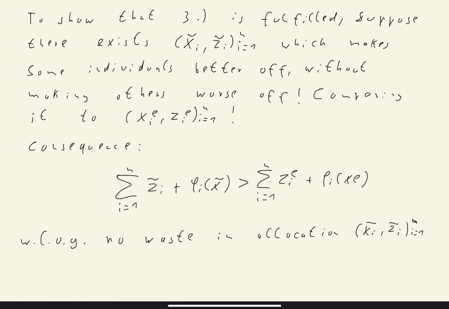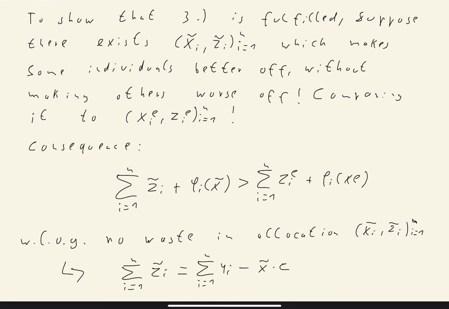What does it mean if there is no waste? It means that the budget constraint in the economy is fulfilled with equality. So the sum of consumption of the private good under the tilde allocation is equal to the sum of endowments, which are fixed in this economy no matter what allocation we consider, minus the amount of the public good times the production cost of the public good.